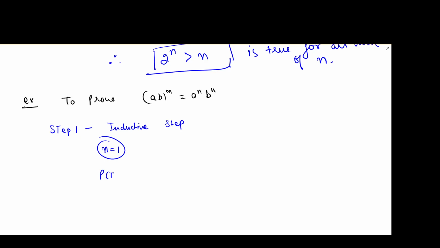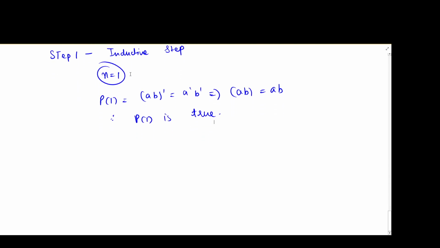So P1 is (ab) to the power 1 equal to a to the power 1 times b to the power 1, which implies ab is equal to ab. Therefore P1 is true. Step 2, put n equal to k. Therefore (ab) to the power k is equal to a to the power k times b to the power k.